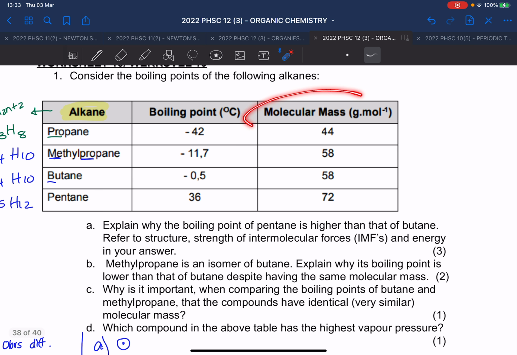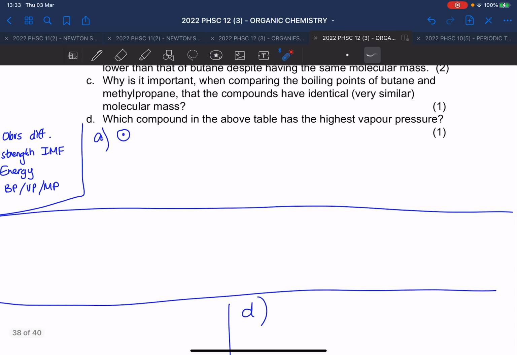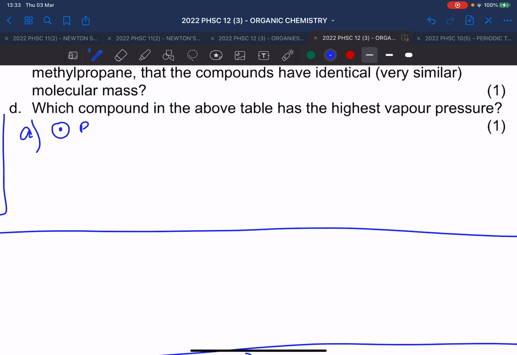So because they give you the mass, I'm going to refer to the mass. Because that's why they give it to you. They want you to refer back to that. So I'm going to say the first one, pentane has a greater mass than butane. All right, there's my obvious difference.